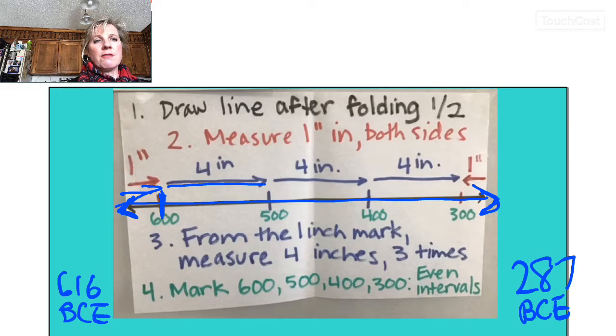If you measure in 4 inches and another 4 inches, and another 4 inches, then we will keep even intervals. And then, of course, marking those marks with the century marks of 600 BCE, 500 BCE, 400 BCE, and 300 BCE. These are your even intervals.